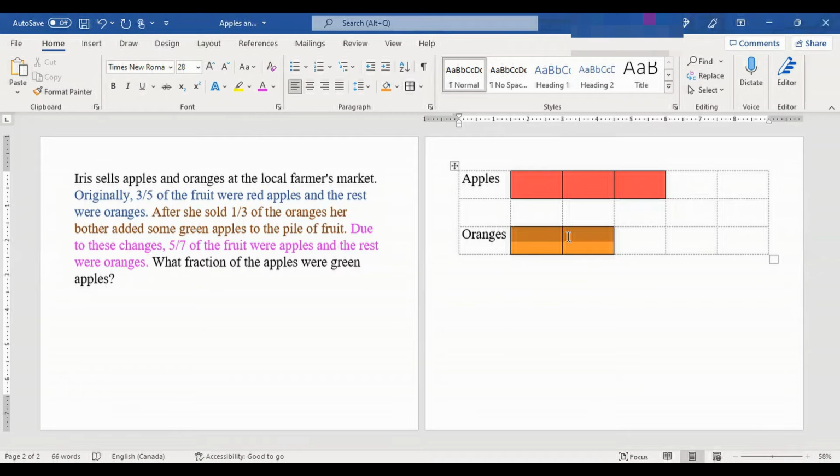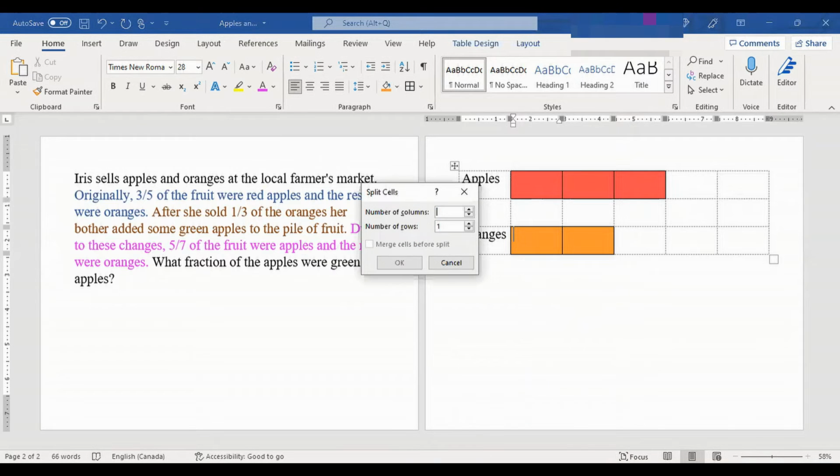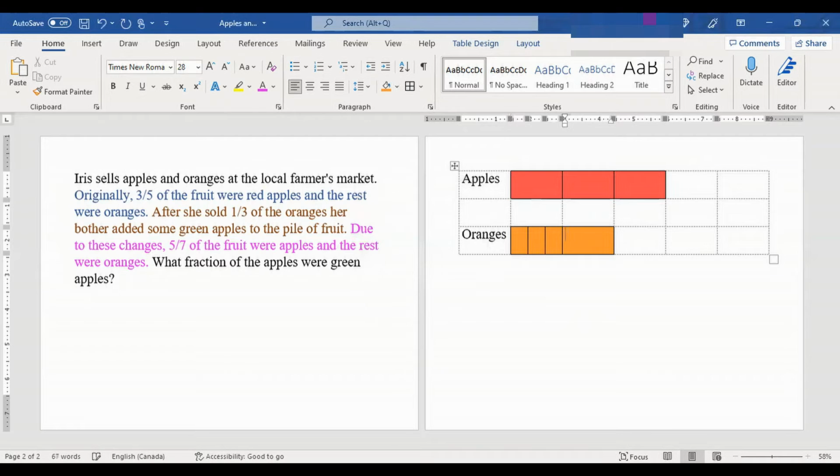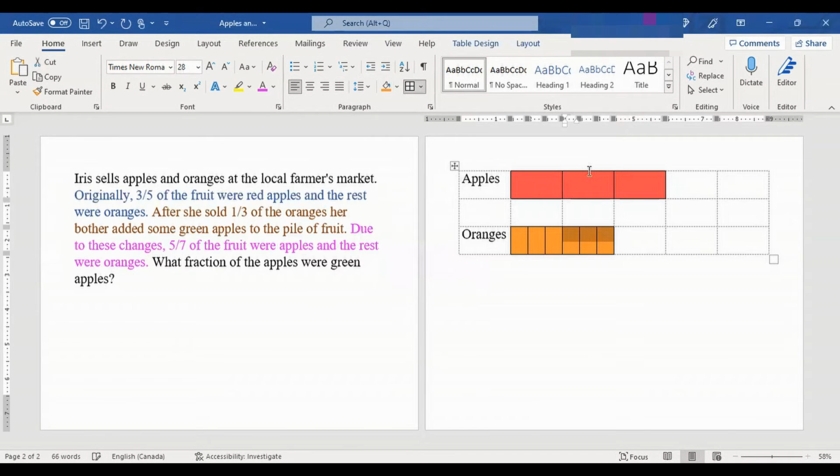So to do that, I'm going to split every cell here into 3 pieces. And now we're also going to do that with the apples. And this cell as well.